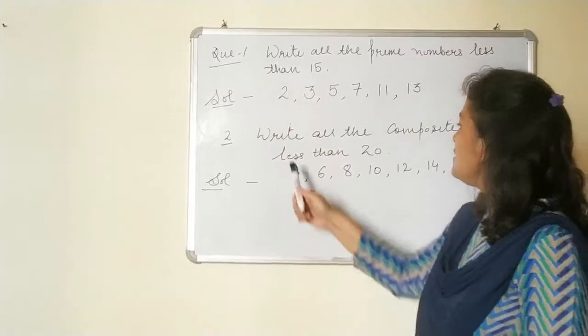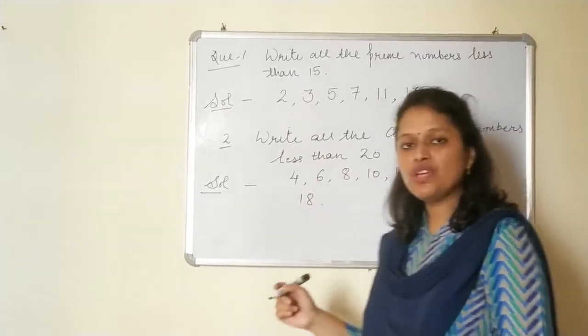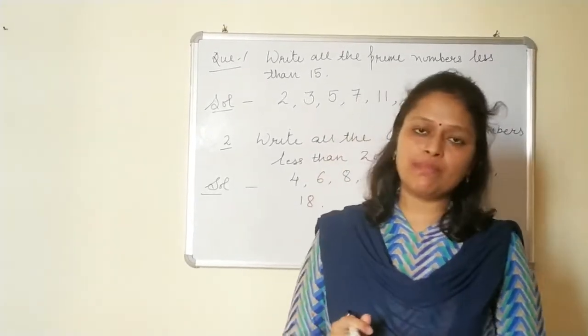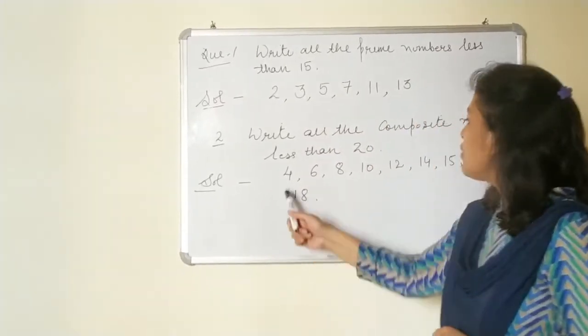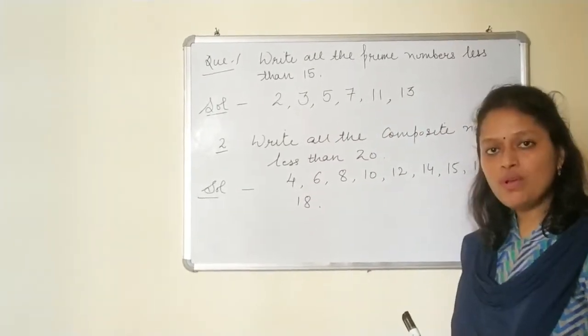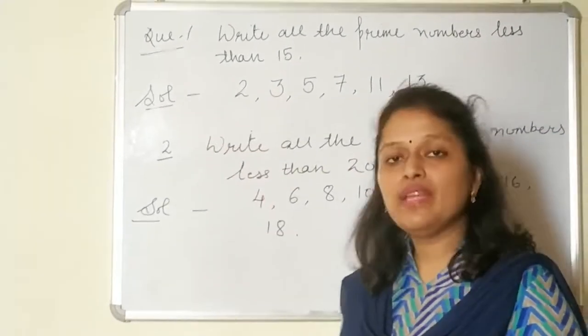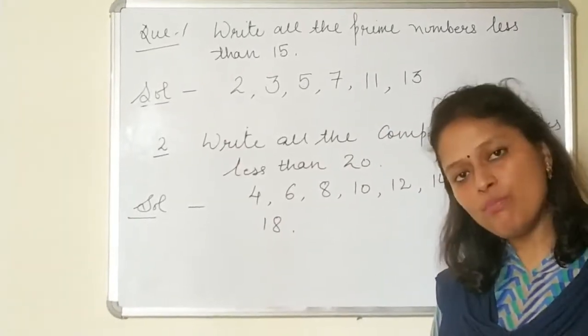Now the next question is: write all the composite numbers less than 20. Now in this question you have to write all the composite numbers. Composite numbers are those numbers which have more than 2 factors. Okay. So the smallest composite number is 4. Since 1 is neither prime nor composite, and 2 and 3 are prime numbers, 4 is the smallest composite number.